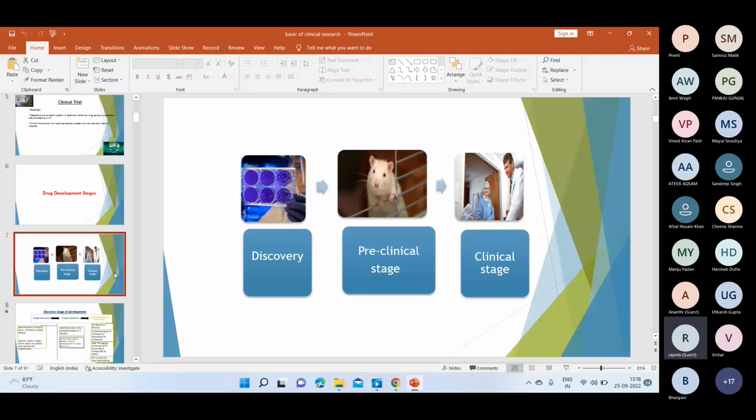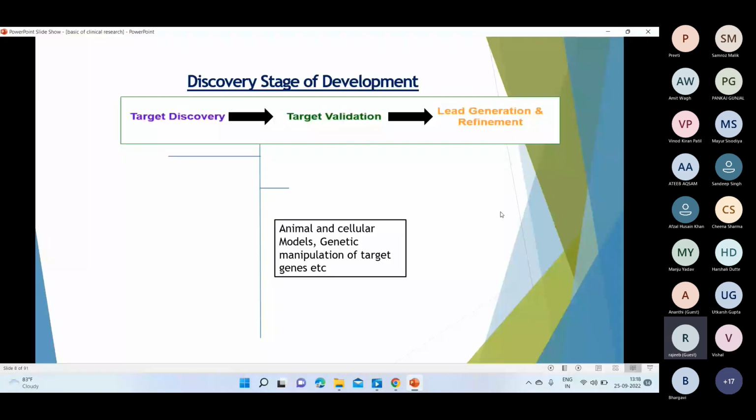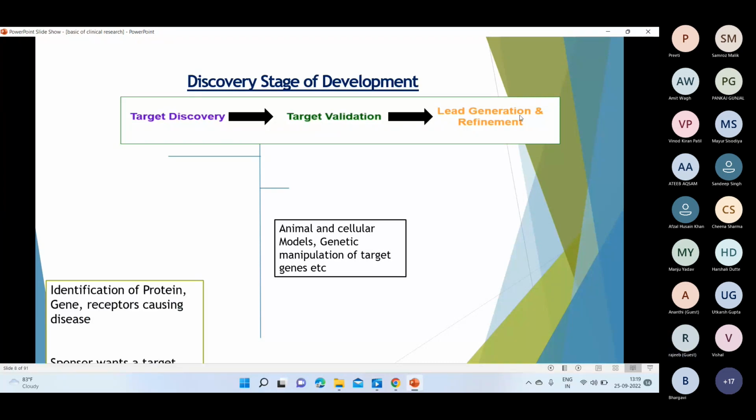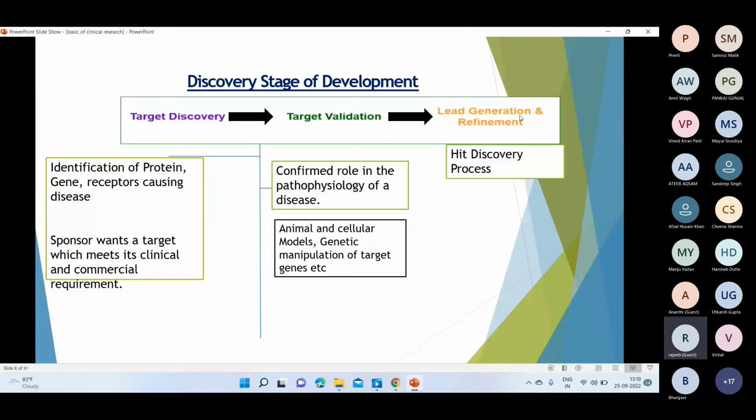Now the third stage comes, lead generation and refinement. We will create a number of molecules, which is called the hit discovery process, and we will perform screening.